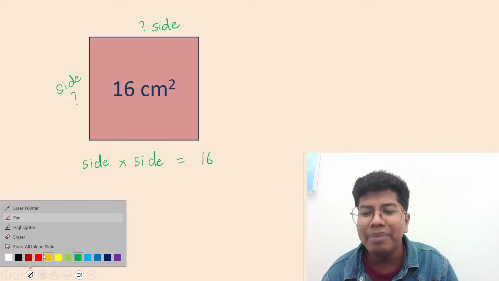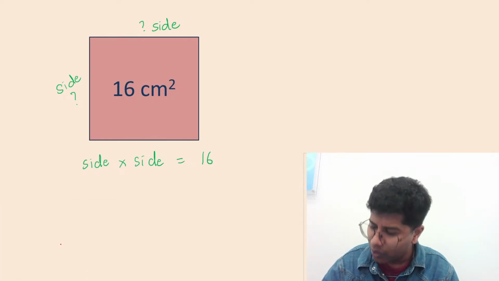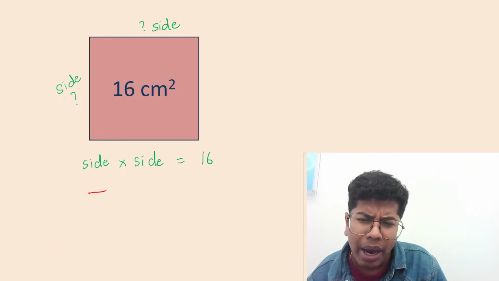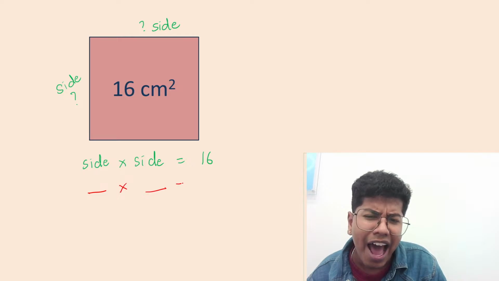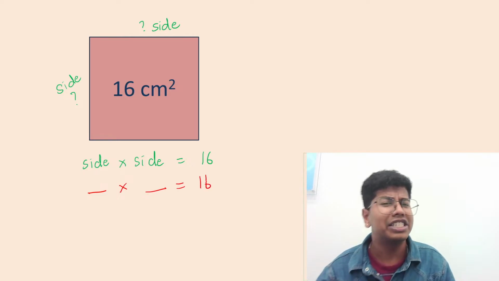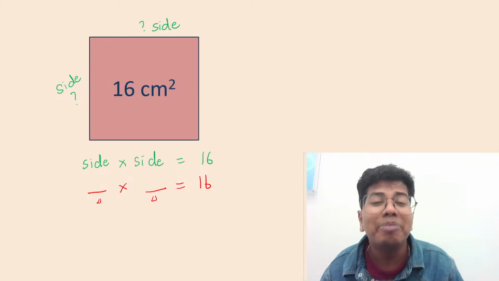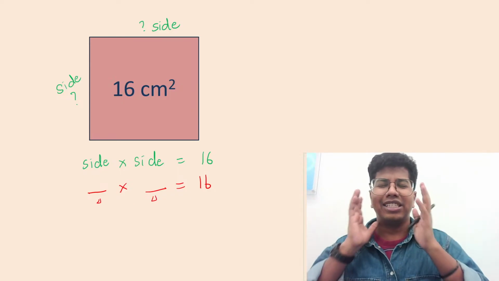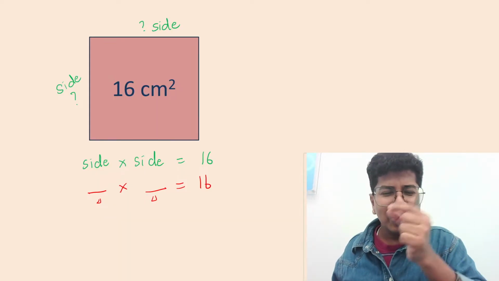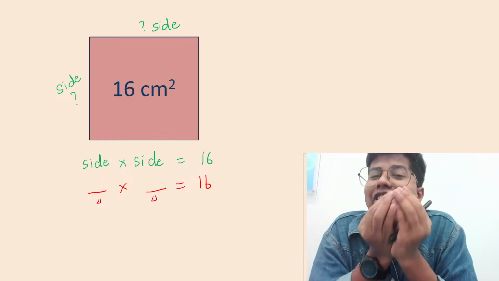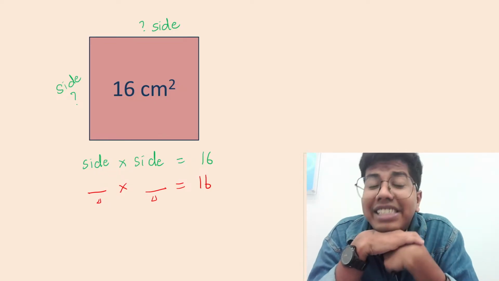Now comes the very important question to every one of you. Try to answer this question. There are 2 numbers that are multiplied, and after multiplying, you get the answer 16. But the thing is, both the values should be same, because in a square, sides are same. So can anyone tell me which two same numbers, when we multiply, the answer is 16?